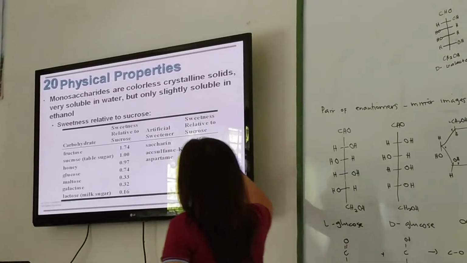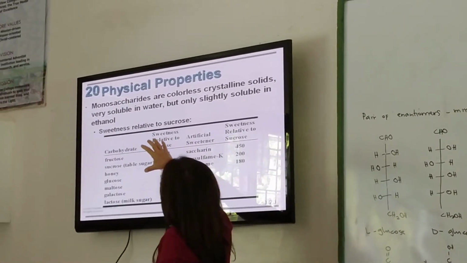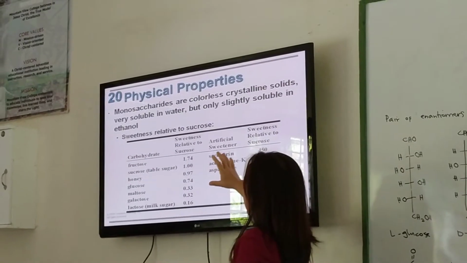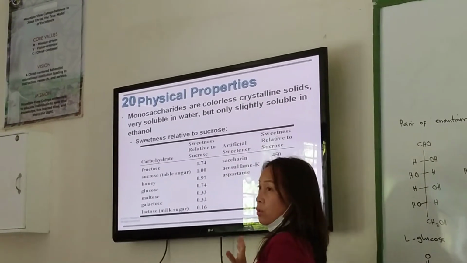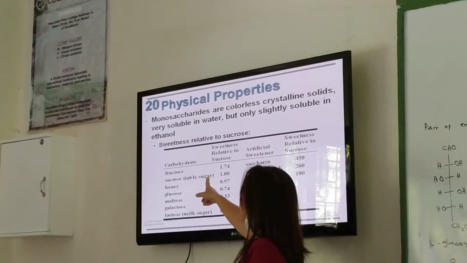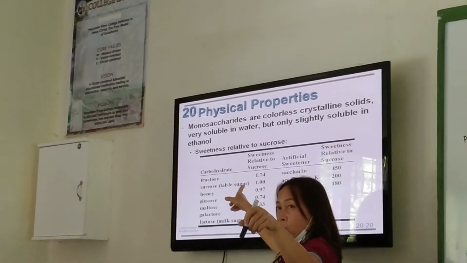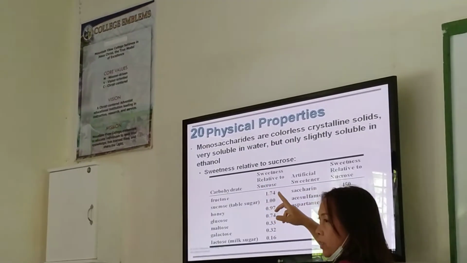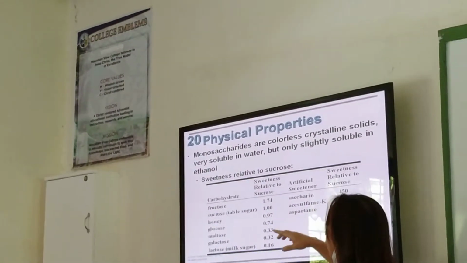Now we have some examples of sugars with their sweetness relative to our table sugar, which is what we put in our coffee earlier. That is sucrose.